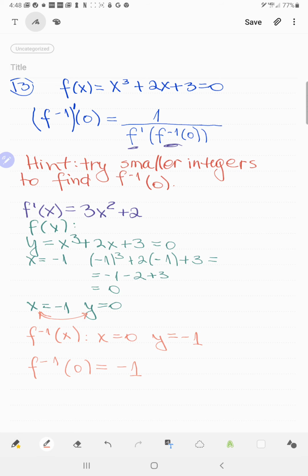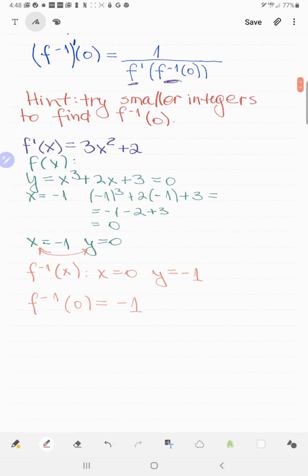We just need to find the derivative of the inverse function. And like I said, we just take the derivative, which was 3x squared plus 2.